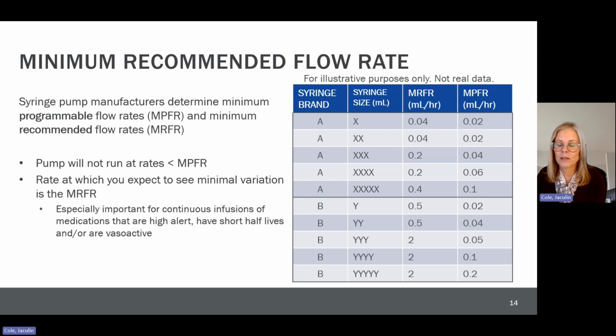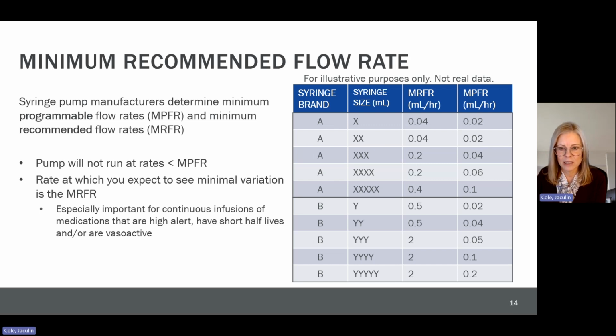How does a nurse know if he or she is programming a syringe infusion below the minimal programmable flow rate? Well, the pump is not going to accept that programmed rate, and the nurse will not be able to start the infusion. How does a nurse know if he or she is programming a syringe infusion below the minimum recommended flow rate? Well, the nurse may or may not receive an alert on the pump, depending on the brand of pump. So this is why it's so important to assure that the appropriate brand and syringe is being dispensed from pharmacy.